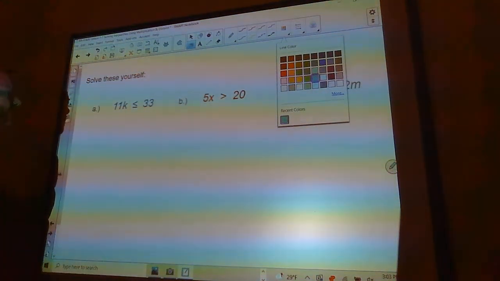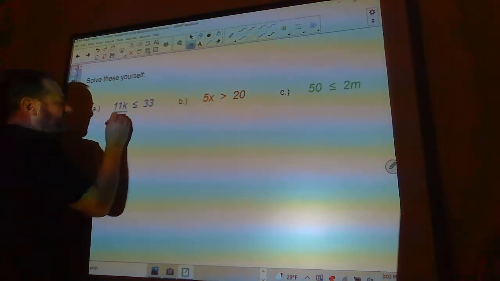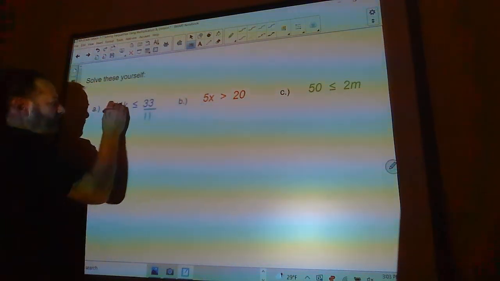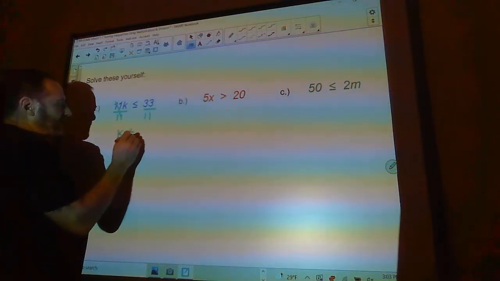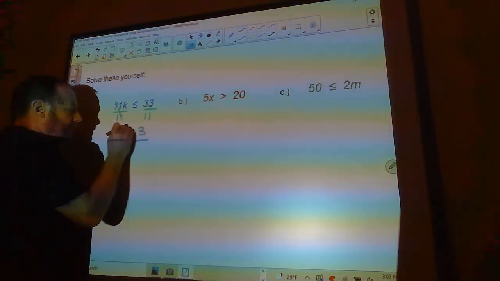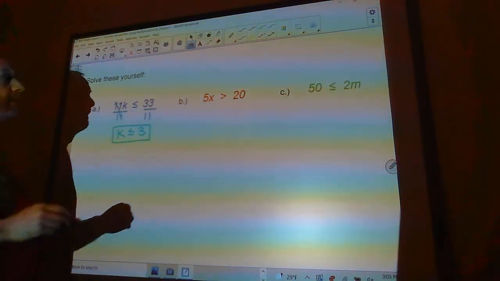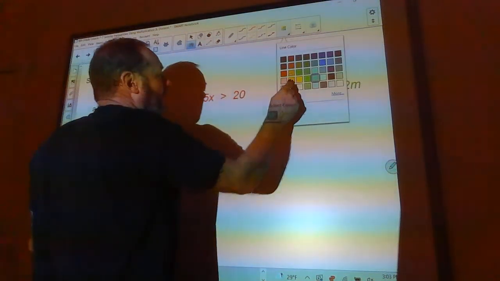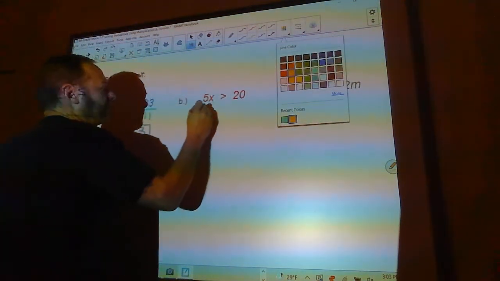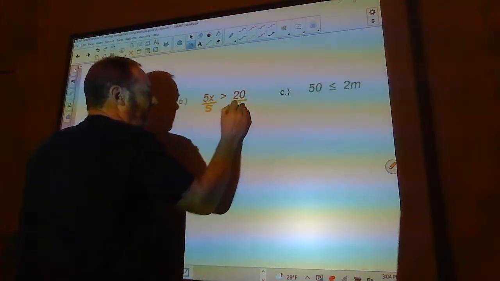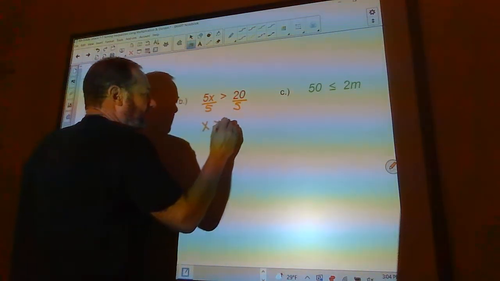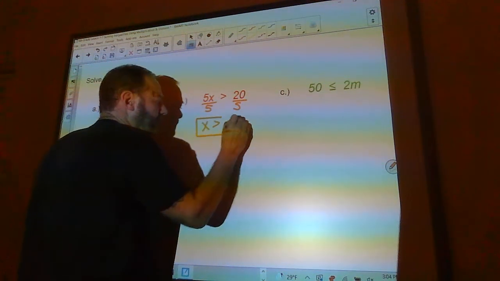On this first one, we're going to divide both sides by 11. And so this is going to cancel out. I'm going to get k is less than or equal to 3. On this one, we would divide both sides by 5. So x would be greater than 4.